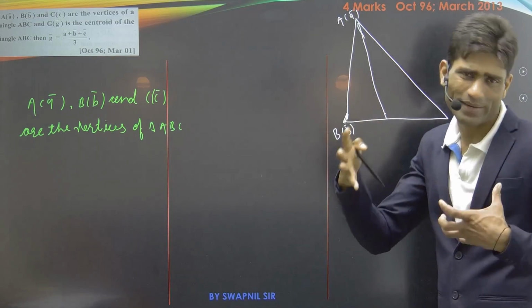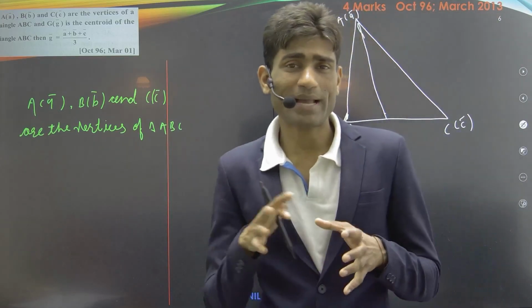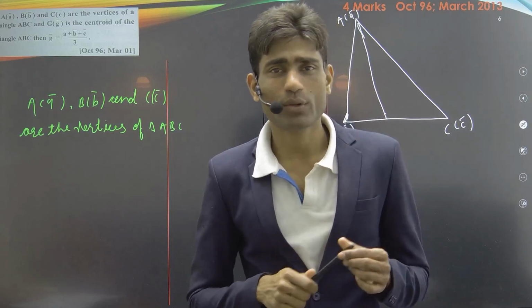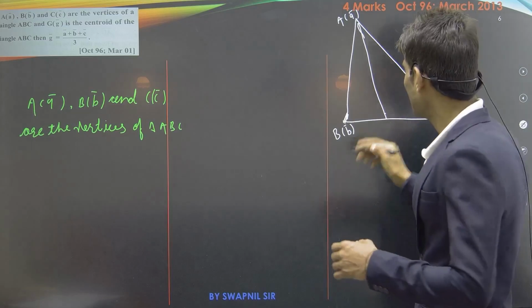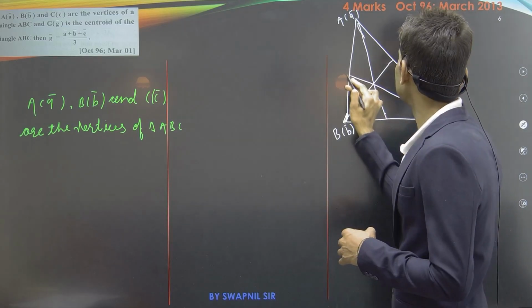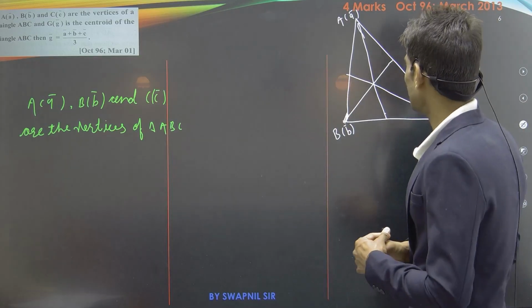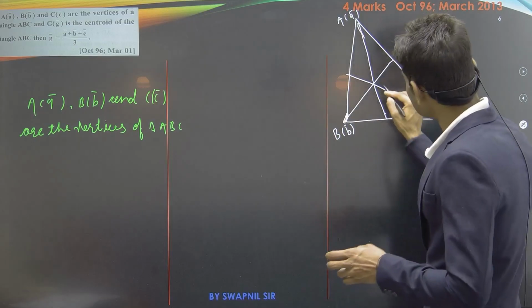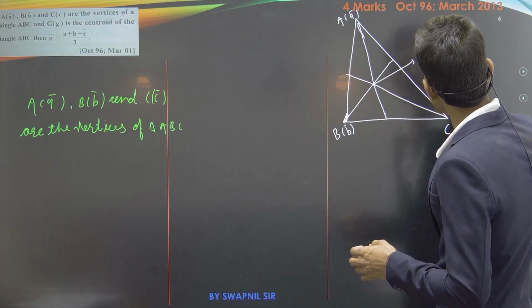To represent the centroid, we take the angle bisector from every vertex of the triangle. I have taken the angle bisector from A of a bar, similarly from B of b bar and from C of c bar. I have taken all 3 of these. The point which comes here, the center point, we consider as the centroid.